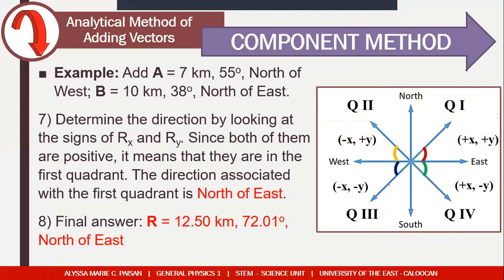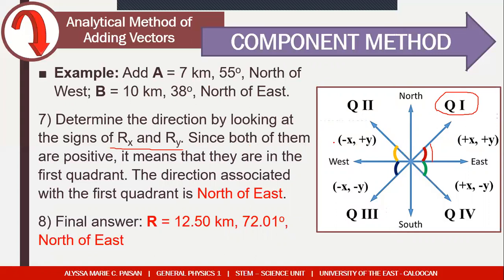So again, remember this Cartesian plane. Depending yun sa Rx and then sa Ry, yung magiging direction mo. If Rx is positive and r sub y is also positive, it means that it is in the first quadrant and your direction must be north of east.